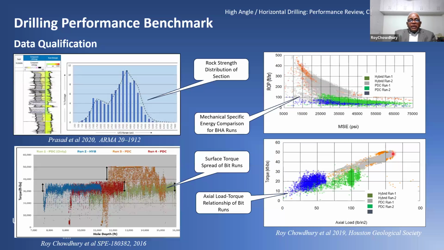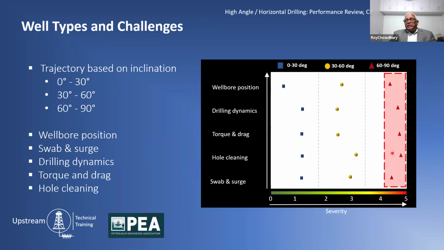Now, moving on, based on the challenges that we see, you can divide the trajectory. Given everything being equal, 0 to 30 degrees is not much of a challenge. In a vertical well, hole cleaning is not a challenge, simply because it is the difference between the annular velocity and the settling velocity. 30 to 60 is slightly more challenging, because here the other dynamics start playing.